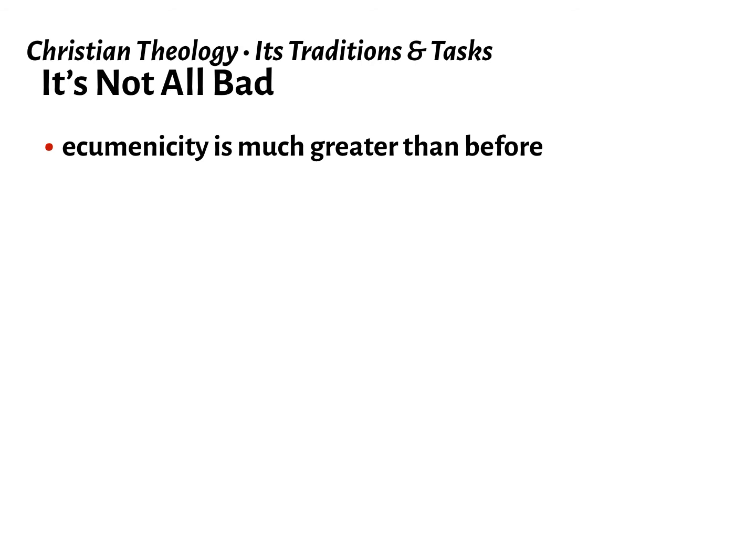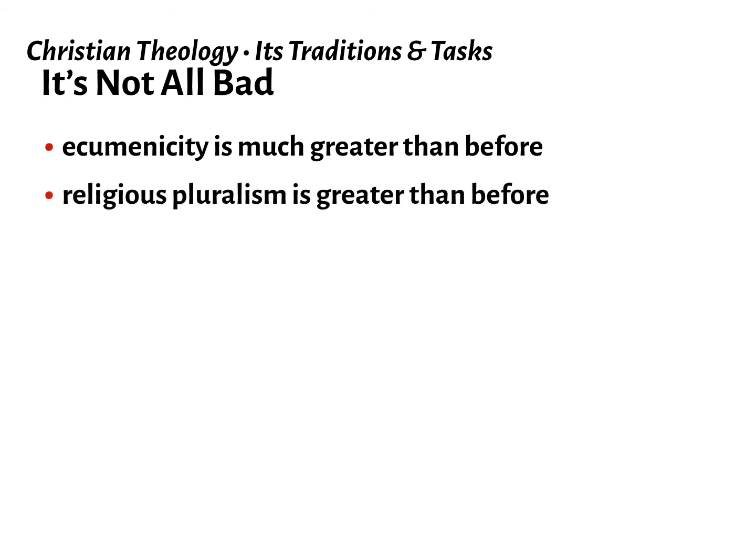That's intra-church conversation. Alongside of that, or perhaps because there's ecumenicity, or maybe as a corollary to it, we also see that religious pluralism is gaining more and more attention. It isn't necessarily something that people are fearful of, but they are looking for tools for how to engage meaningfully in religious pluralism.